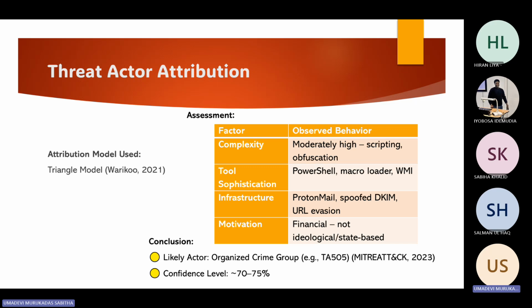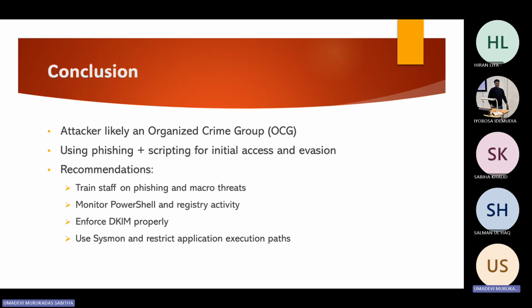Instead, the profile fits a financially motivated organized crime group, likely similar to TA505. These groups are known for using macro documents, PowerShell payloads, and socially engineered phishing to deploy ransomware or steal credentials. Based on the evidence, I estimate a 70 to 75% probability that the attacker fits this category.